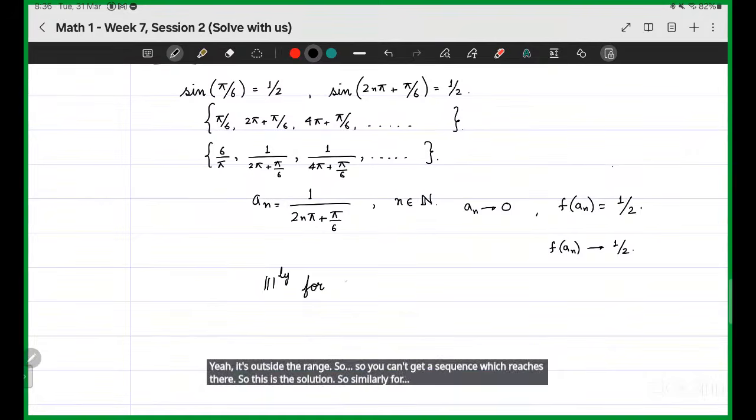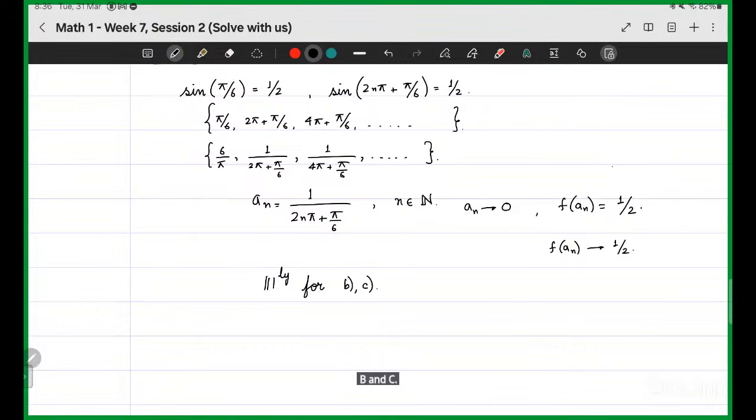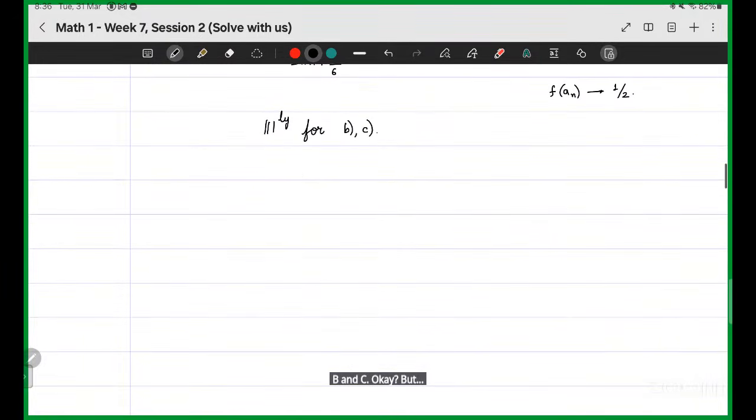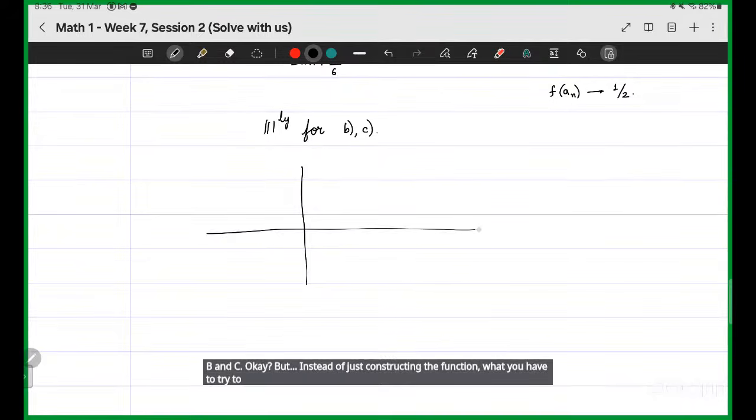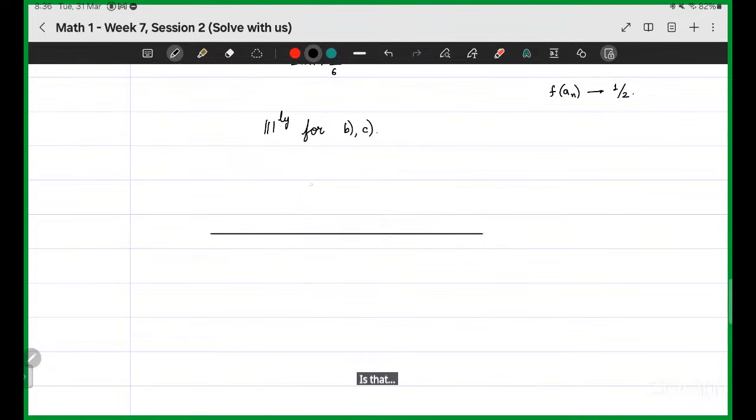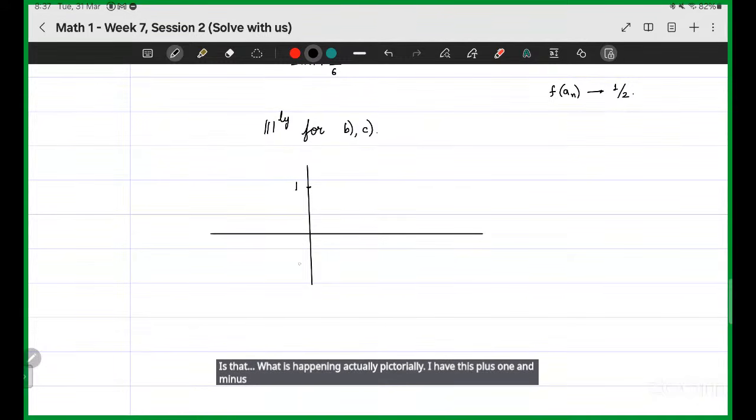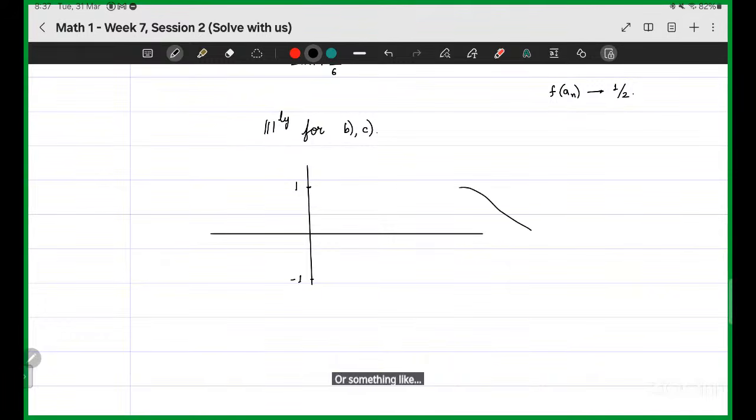B and C. But instead of just constructing the function, what you have to try to understand, at least at this stage, is what is actually happening pictorially. I have this +1 and -1, and as we saw, the graph of the function had infinitely many waves, right?